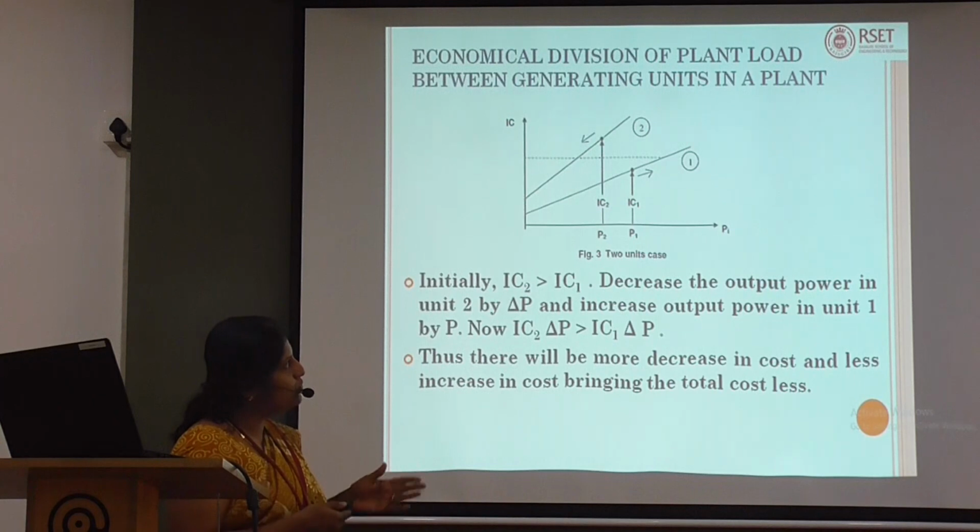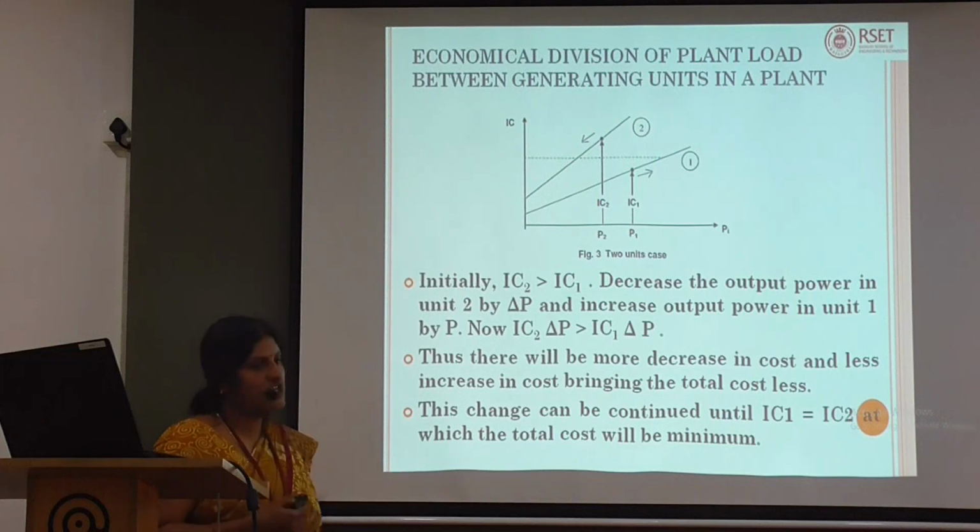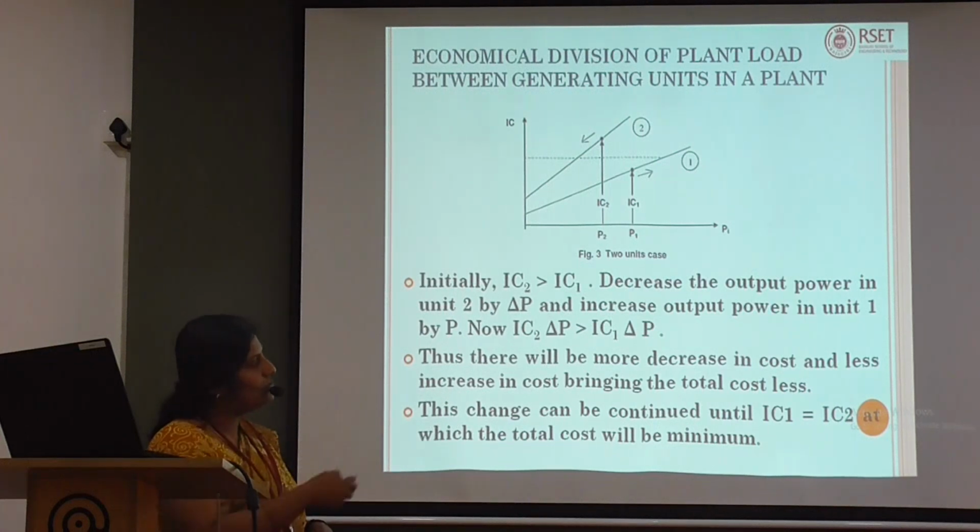So when we have 2 such units in a plant, we load unit 2 less, and we load unit 1 more. This change will be continued. We proceed till the incremental costs of both the plants are the same.